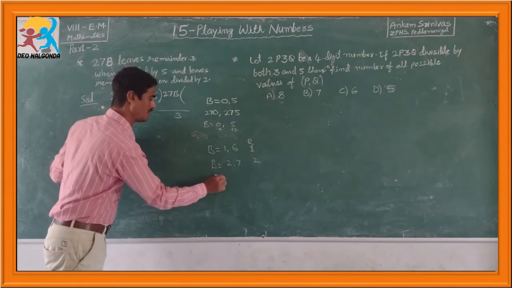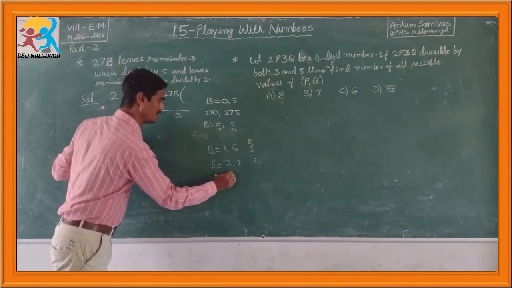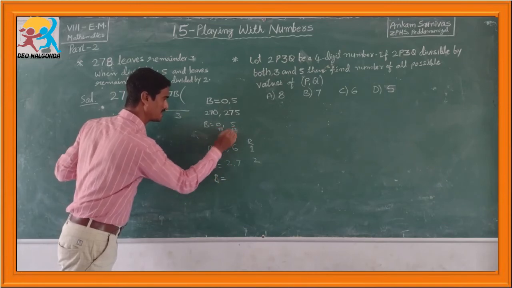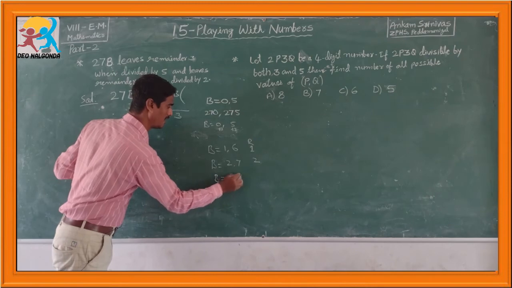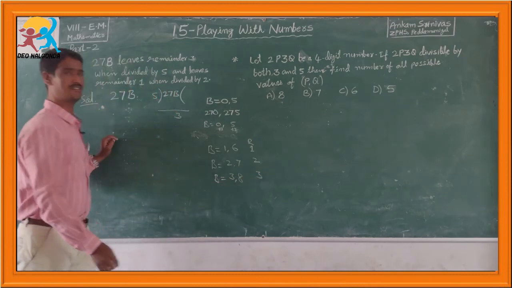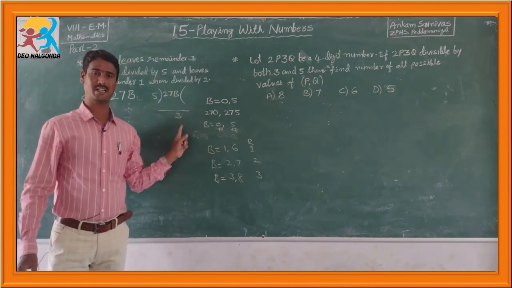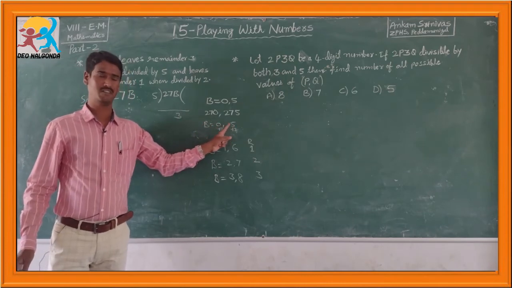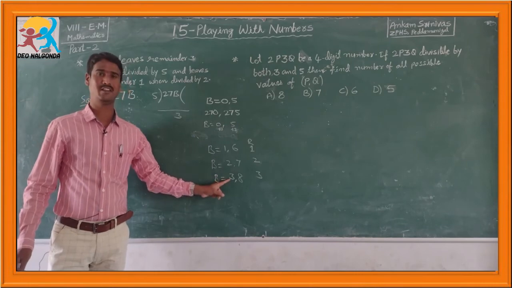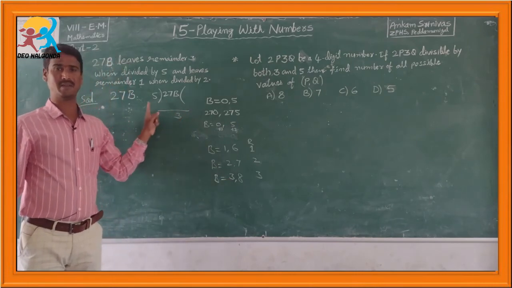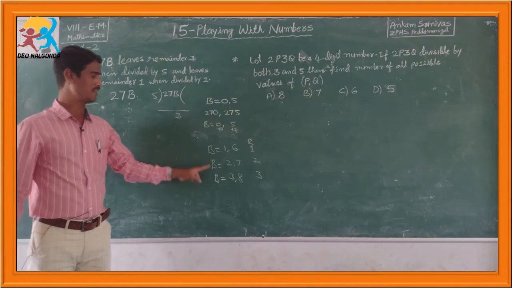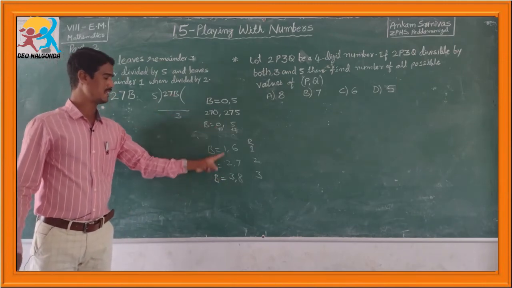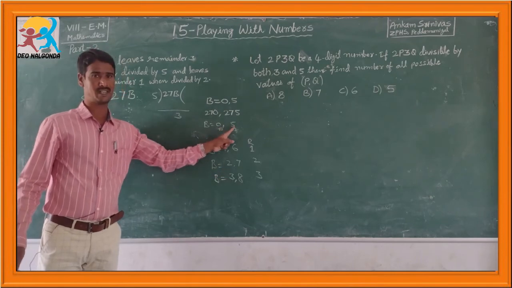If I add plus 3, b equals 3 or 8, remainder is 3. So whatever remainder you want, add it to 0 and 5, and we will get the remainder 3 when the given number is divided by 5. So simply you can take directly b as 0 plus 3 is 3, 5 plus 3 is 8.